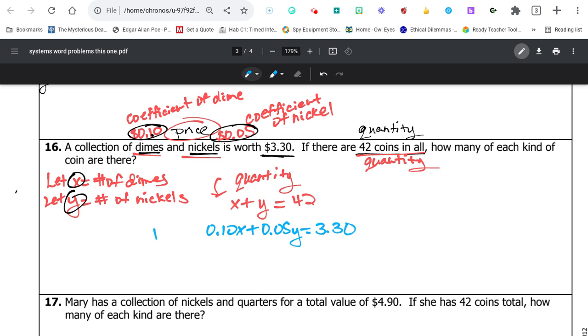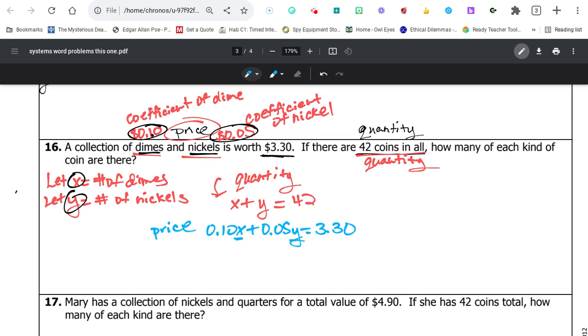That's my price equation. That means X number of dimes times 10 cents plus Y number of nickels times 5 cents is $3.30.